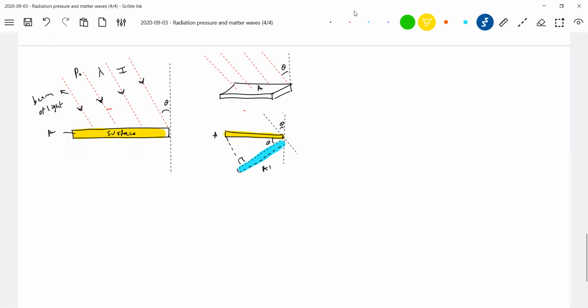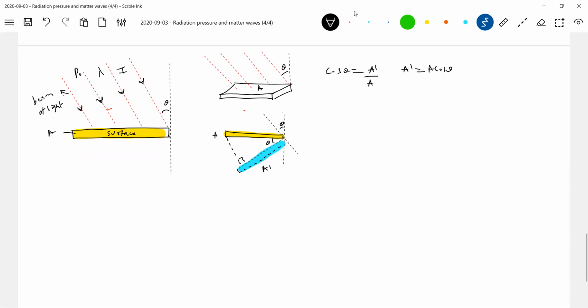The orientation of the surface, which will be A dash, is directed normal to the incident beam. In relation between A dash and A, can we write cos theta equal to A dash by A? So A dash is equal to A cos theta.